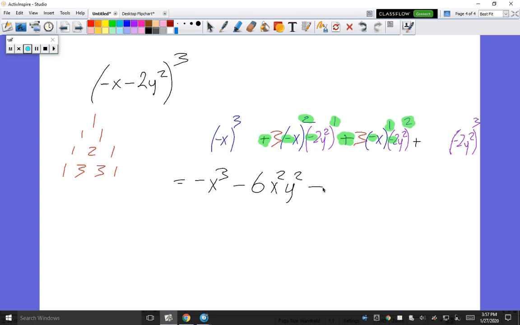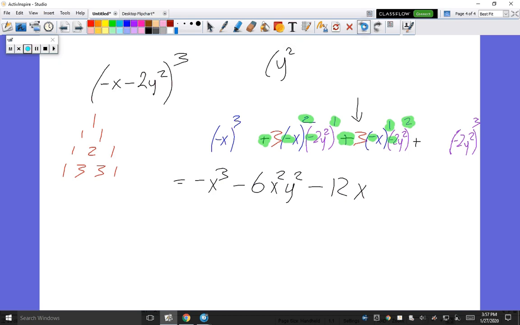Because it's 2 squared to give you 4, multiplied by that 3 to give you 12. Wait, are you squaring from the square? Yeah, everything in parentheses is squared. So how many x's will I have? 1. Careful. How many y's would I have? 4. Did you add or multiply? Multiply.